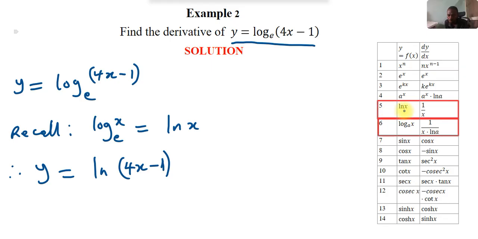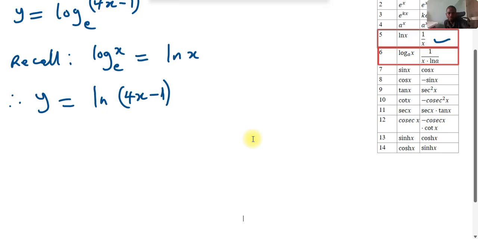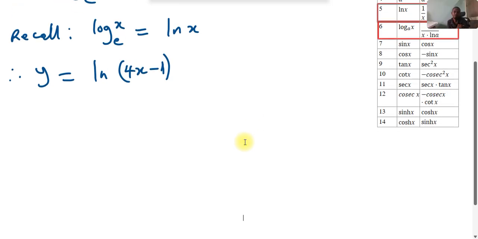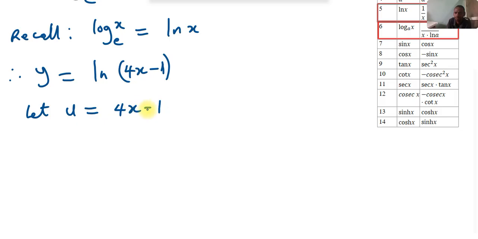If you look at it very well, you can see that it is still item 5 that is suitable for this question. So I will proceed from there, by replacing 4x minus 1 with u. So I say let u be equal to 4x minus 1.